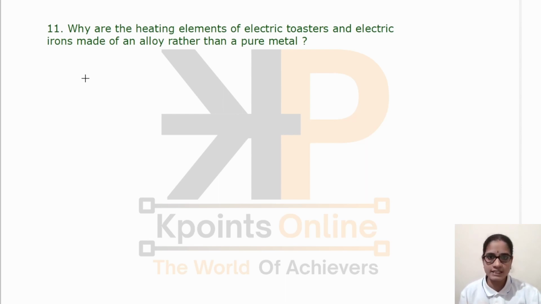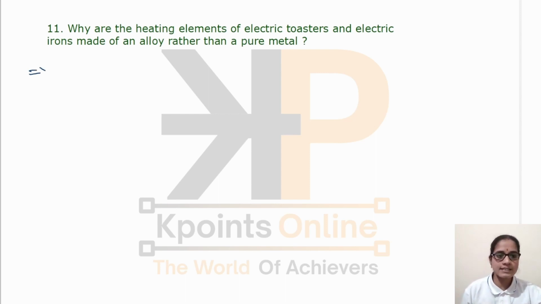What happens if the resistance is more? Then the heat produced will also be more. And in case of these electrical devices, that is toasters and irons, we require more heating effect of electric current, because of which the heating elements are made up of alloys rather than pure metal.